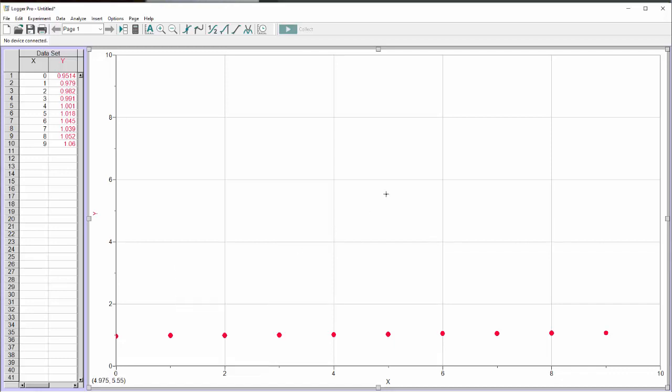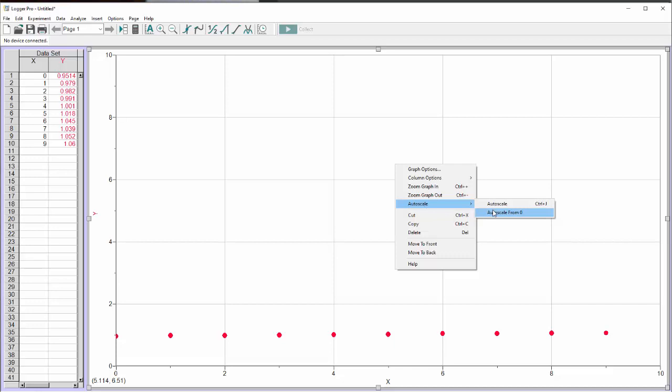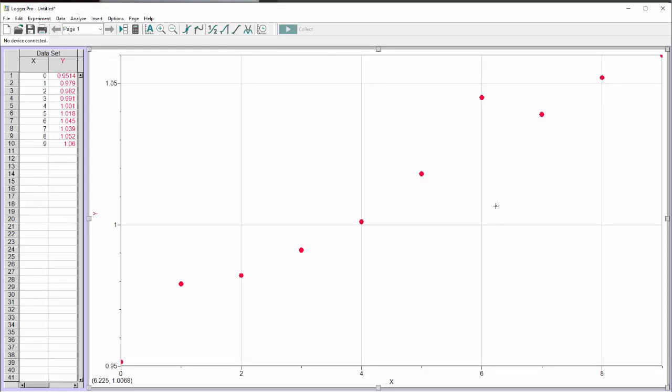Okay, so I'm going to click in the graph area, right click, auto scale. And I'm not going to auto scale from 0. There are a few graphs where auto scale from 0 is a good idea, but 99% of the time, auto scale without doing it from 0. I know that's what you're used to doing in math classes, but we don't automatically assume we want to keep the 0 point because sometimes that's a lot of wasted space. So you can see it spread everything out.